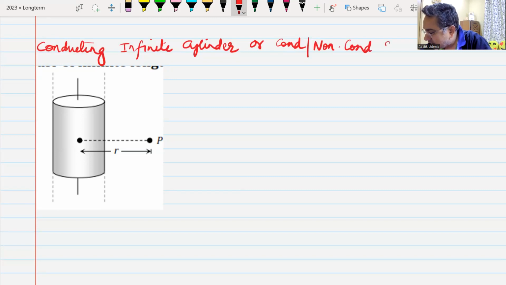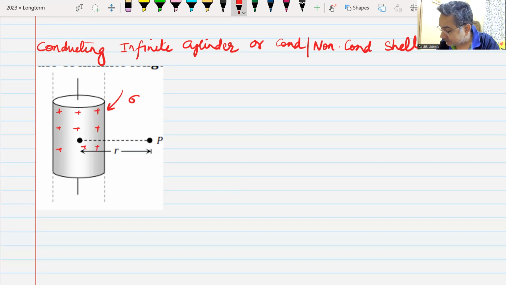Now why am I writing it like this? Because whatever happens for this type of charge, the charge will only come on the outer surface. Do we understand this? Yes, sir. The charge only comes on the outer surface of it.